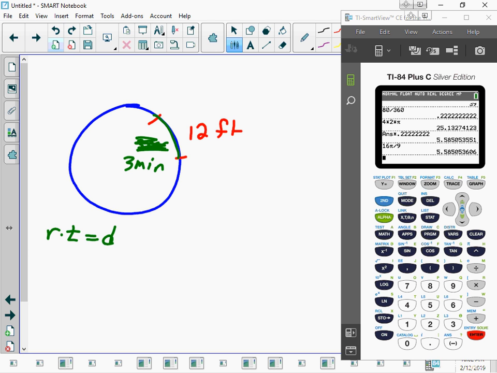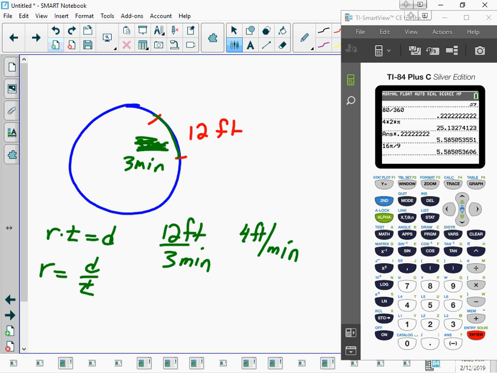What do we need to do to that equation? Solve for r. So r equals d over t. So 12 feet in 3 minutes simplifies down to 4 feet per minute.